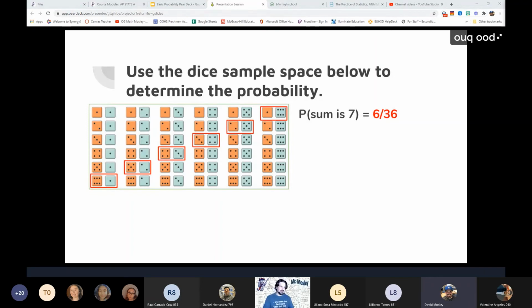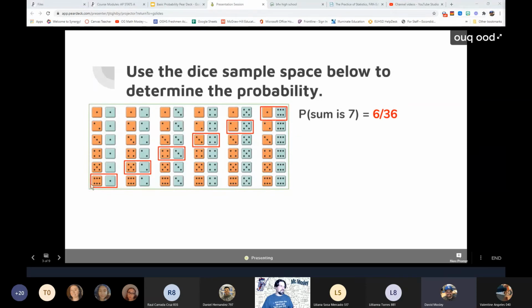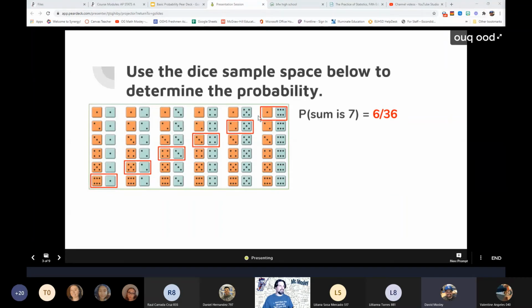Based on the sample space and the possible outcomes of rolling two dice, 6 of the 36 possible outcomes have a sum of 7. And we see that running through this diagonal here: 6 and 1, 5 and 2, 4 and 3, 3 and 4, 2 and 5, and 1 and 6.